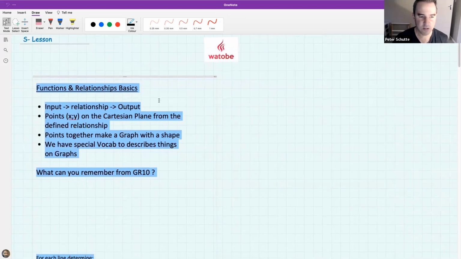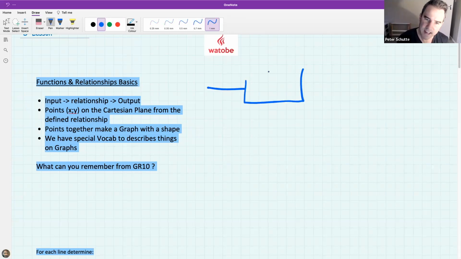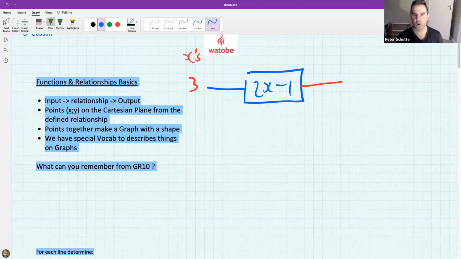So as we begin our new topic today, I just want to bring out some basics very, very quickly. When we talk about functions, the main idea is inputs and outputs. If I say this is an input, and often we refer to the inputs as the x's, and I ask you what is the y, or what is the output?